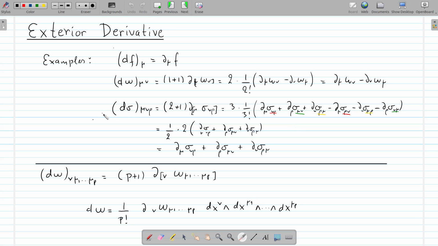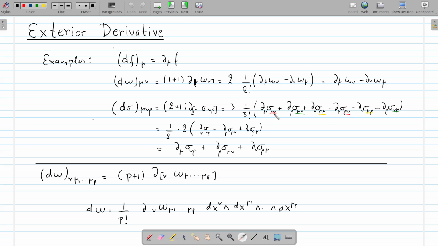Similarly, we can compute the components of the exterior derivative of a 2-form. So this will have 3 indices. It is a 3-form. So that is 2 plus 1 here times the antisymmetrization of the indices of the derivative of the components with respect to dx mu. So we write here all the possible permutations. Notice here that those terms are equal.